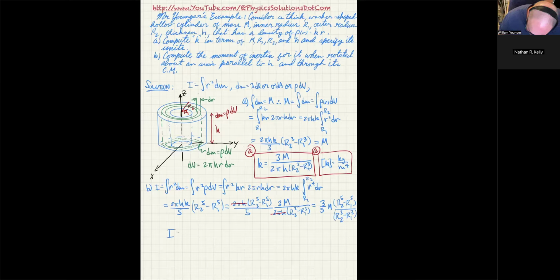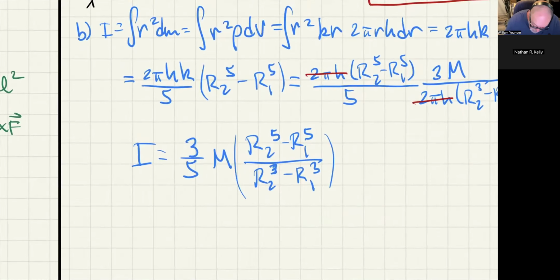So our moment of inertia is in fact 3 fifths m times r2 to the fifth minus r1 to the fifth over r2 to the third minus r1 to the third. And you can see that sort of looks like the normal formula. The normal formula is some number times m times some dimension like L or radius squared.